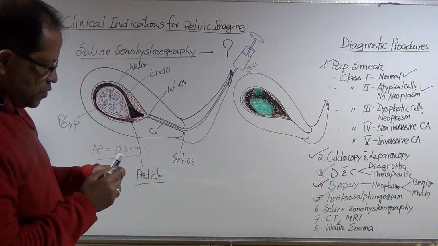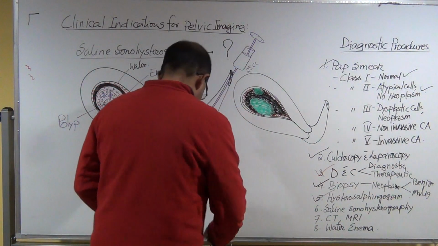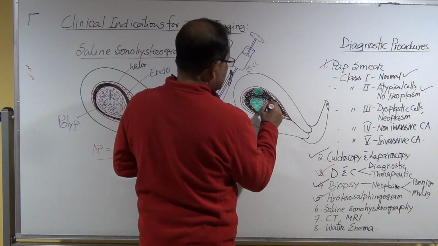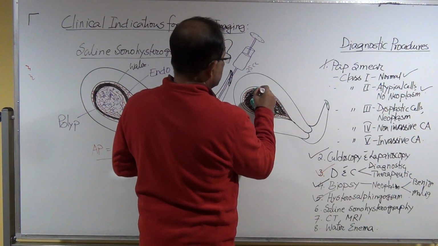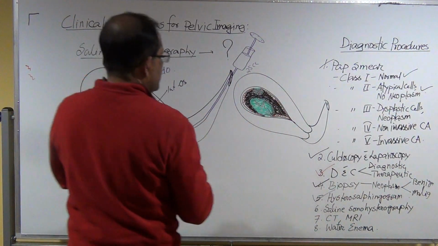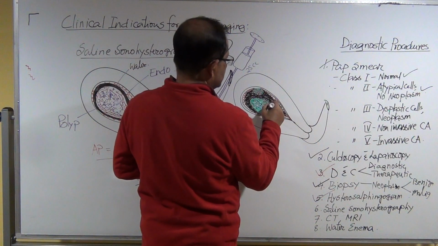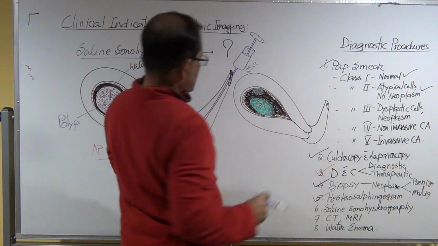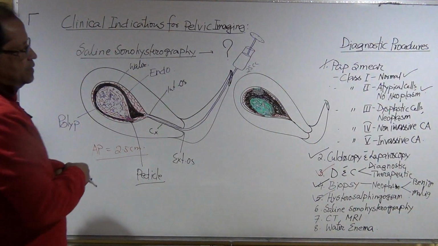Okay, so now you can easily see it's a different looking, and you click the color, then you will see the blood vessels. You will see the hypervascularity, and the broad base, not like a pedicle.